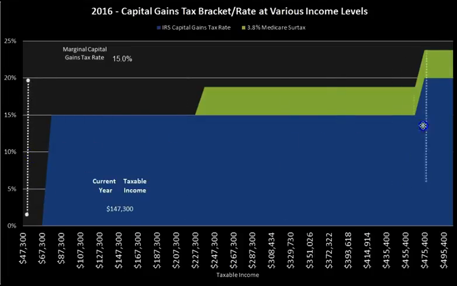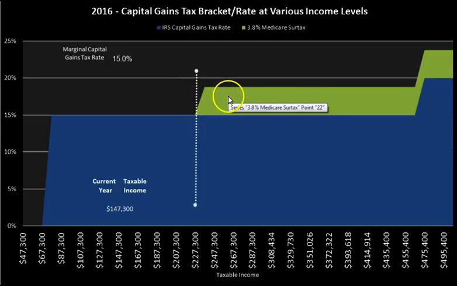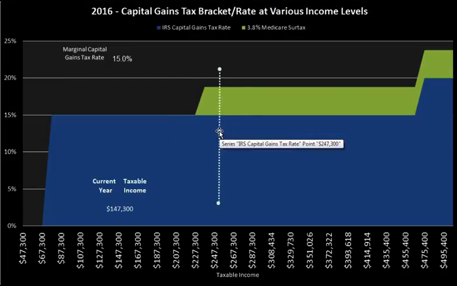But if a client's income is out here, then certainly deferral is the best strategy. If a client's income is here, you also may consider deferring to avoid jumping into this higher capital gains rate of 18.8%. So in other words, you have to be very conscious and purposeful with harvesting or deferring capital gains now. It's just no longer simple.